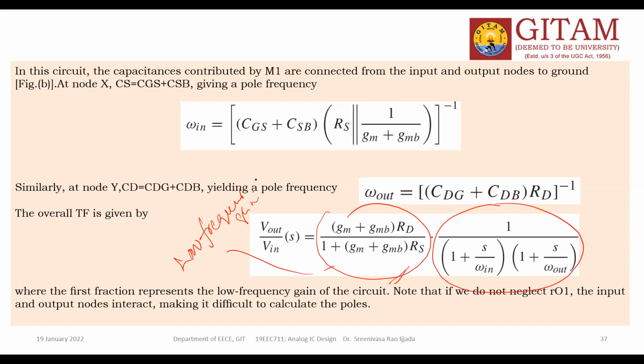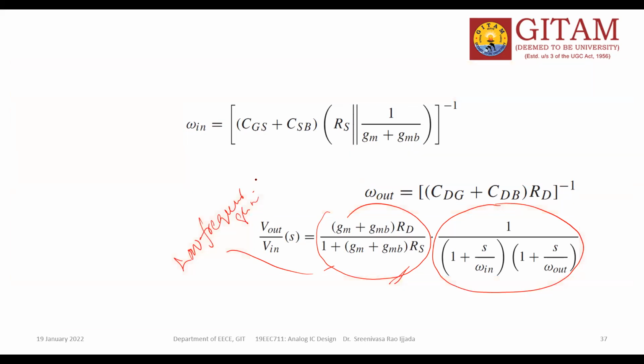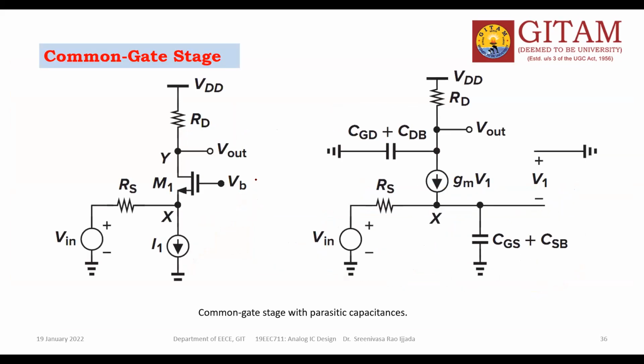If we do not neglect R0, the input and output nodes interact, making it difficult to calculate. In the previous circuit, generally we will consider the resistance R0 like this, but we are not considering this R0.